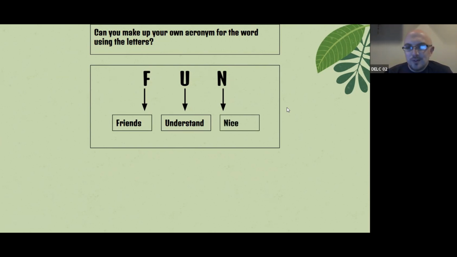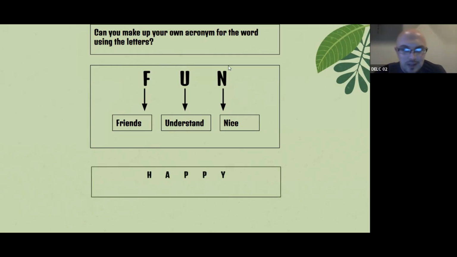So friends, understanding, and nice can be an acronym for fun. We have some letters here and try to think of a word to match the letter and keep the theme. Okay, it might be difficult.